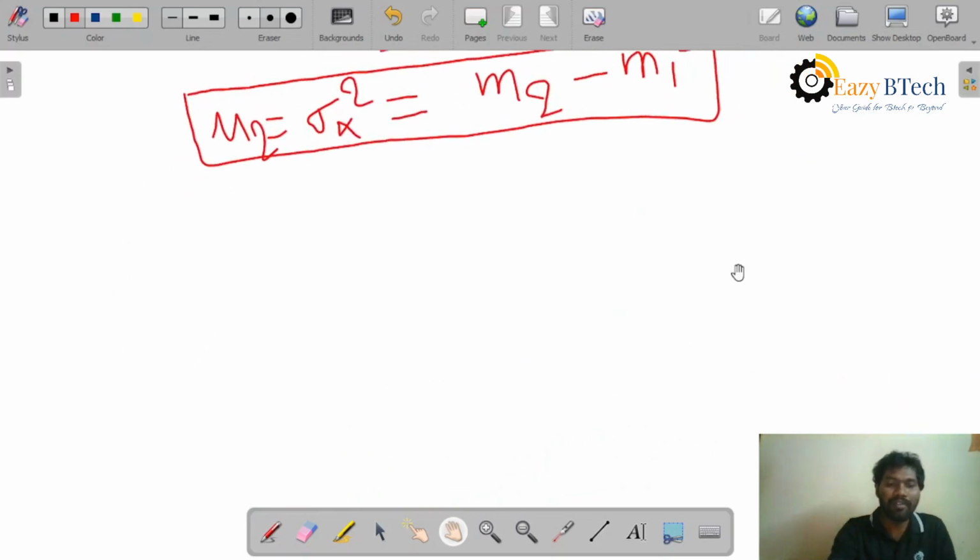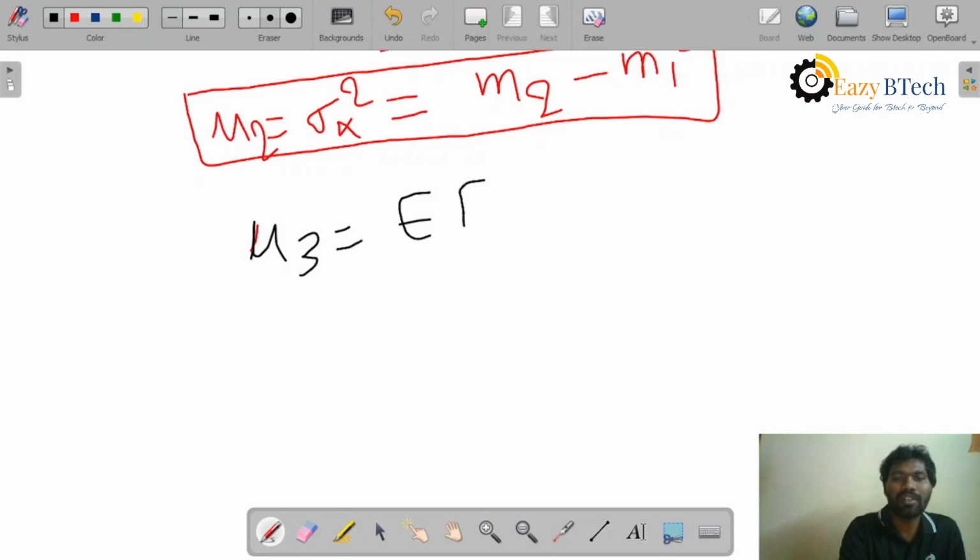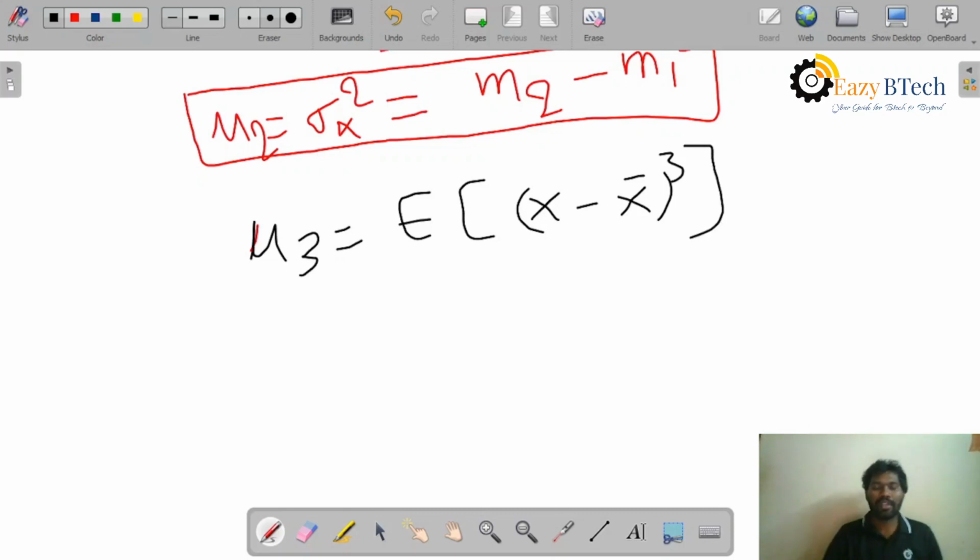So you can find any number of central moments. Up to third order we will do. The third central moment is mu3, which is equal to expectation of x minus x bar whole cube.